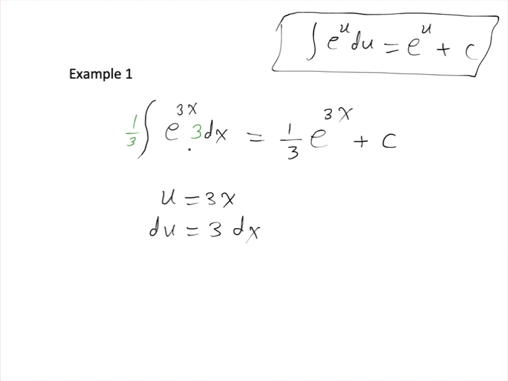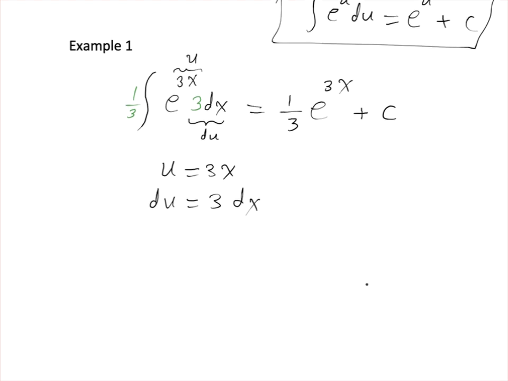So this here is the du, and that is the u. So that's how it changes to that formula. And then once you write it as e to the u plus c, you substitute u back. And then the 1/3 that you made the adjustment with stays in the answer.